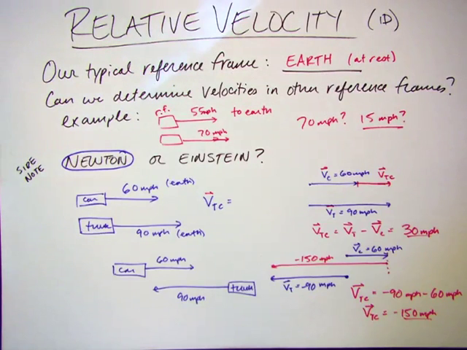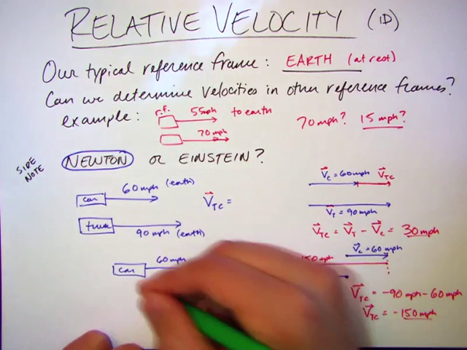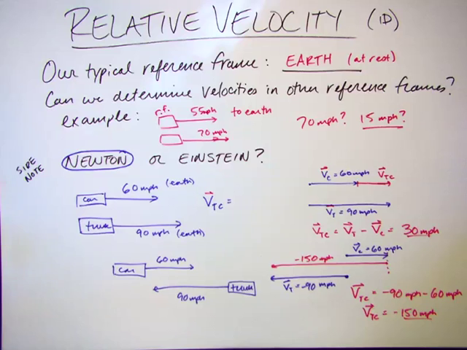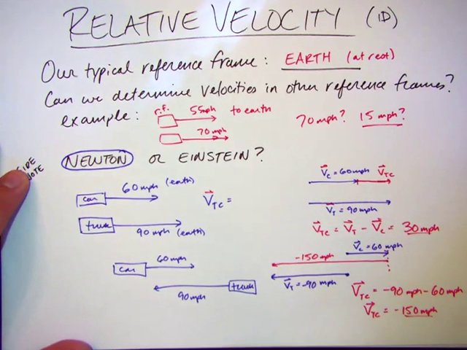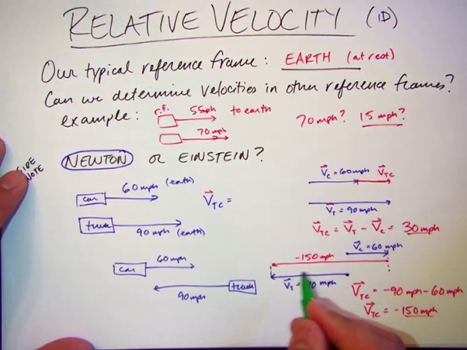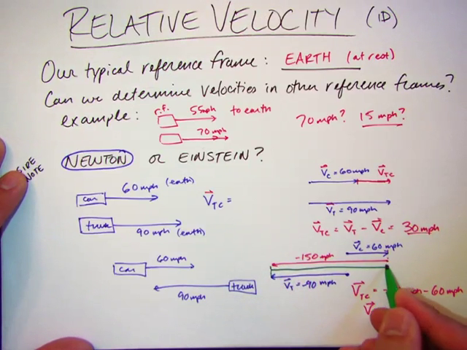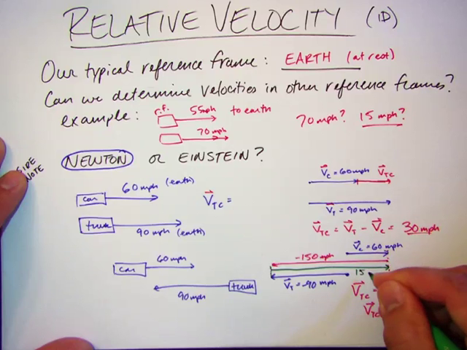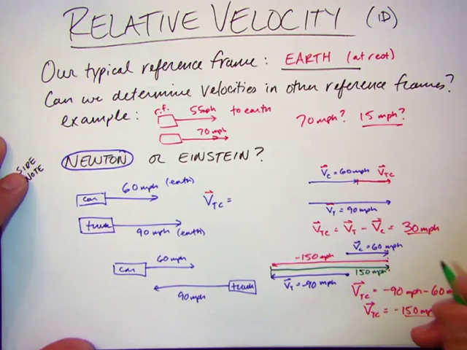Now what about the velocity of the car relative to the truck? What if I'm sitting in the truck? What if I'm in the truck's reference frame? How fast is the car moving relative to me? Well, we could do the same thing, but now we just draw the vector from where the truck ends to where the car ends. So we draw it in the opposite direction, and we would see that this is 150 miles per hour, but positive.